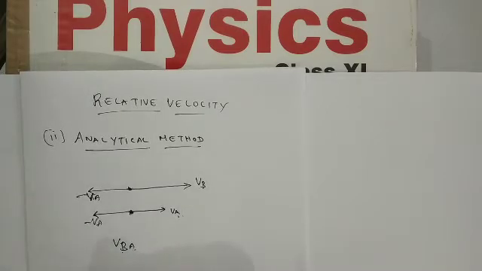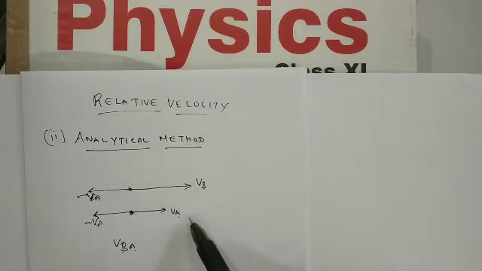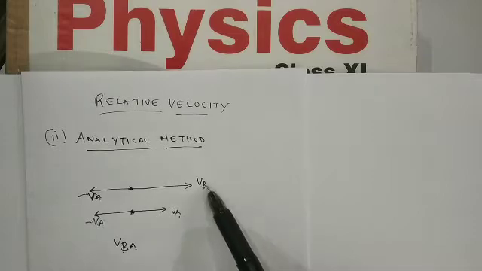It is just an assumption we are taking. Both bodies are going in the same direction, on the same track, with different velocities, and we want to find the relative velocity of B with respect to A.